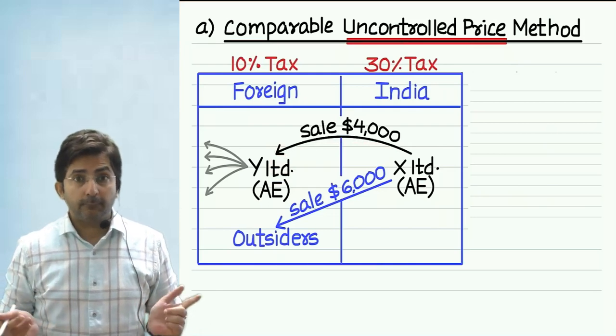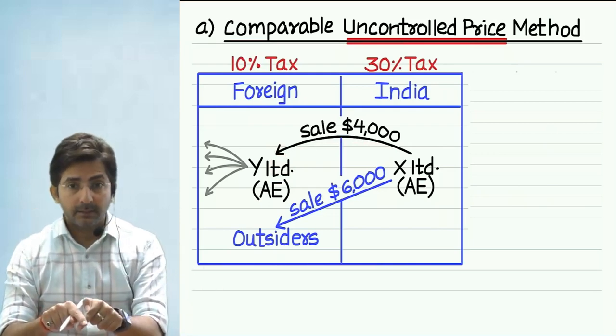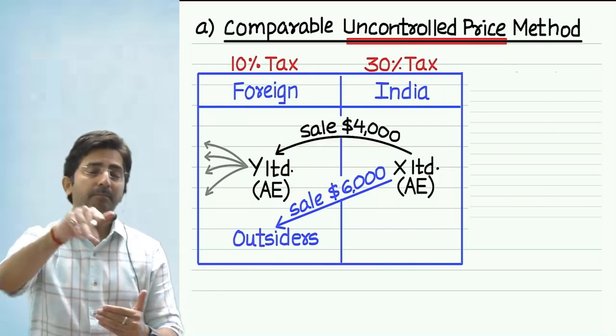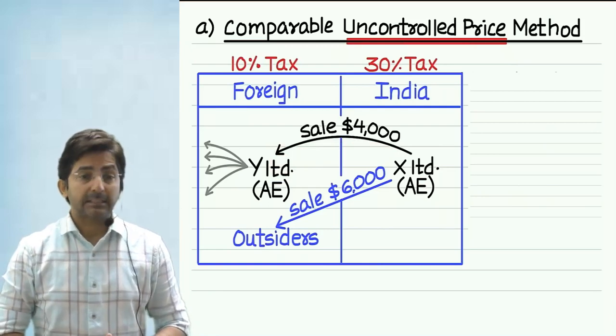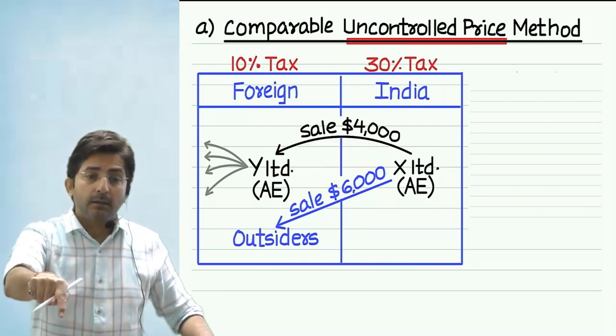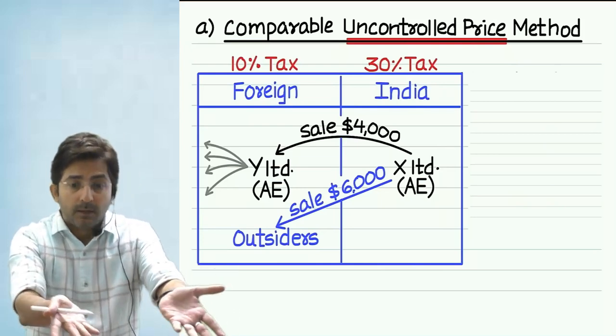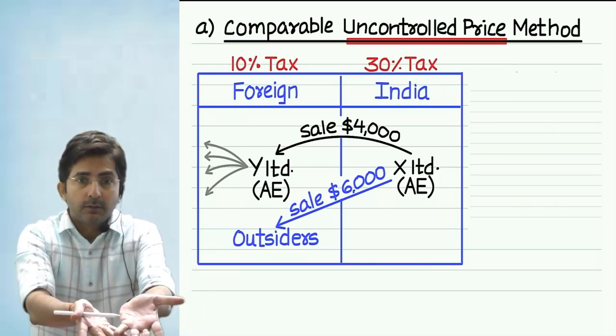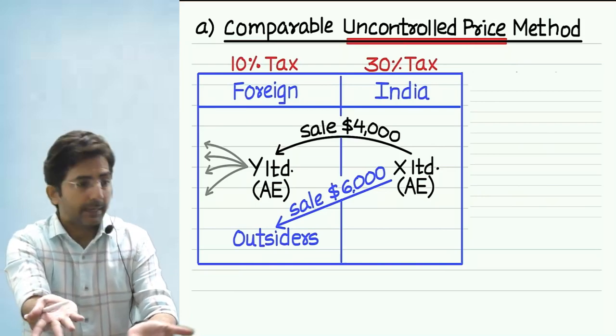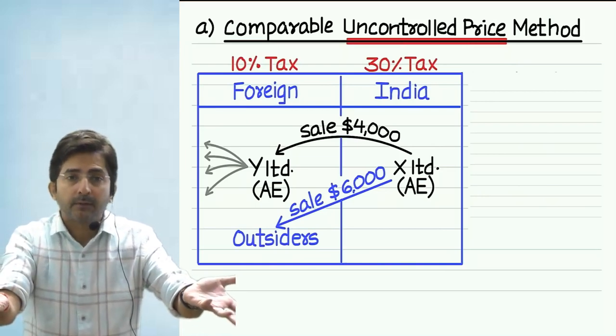So now if actually it is like this, then it would be wrong to blame X Limited that you are showing less. Obviously it will look less, because when you give discount to a customer, the sale price will reduce. So that is not cheating. That is a business policy to give discount.